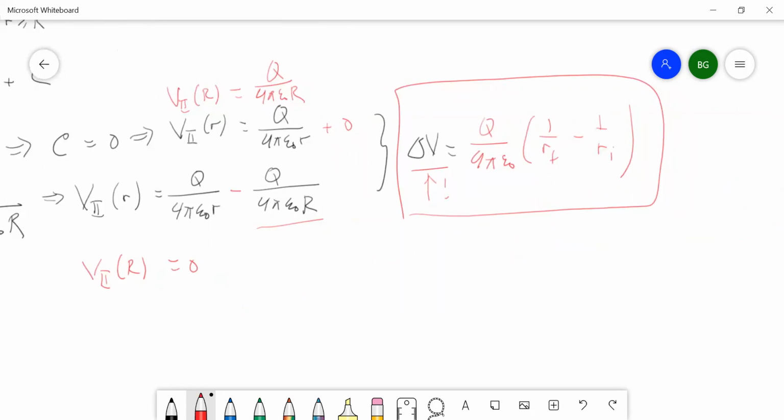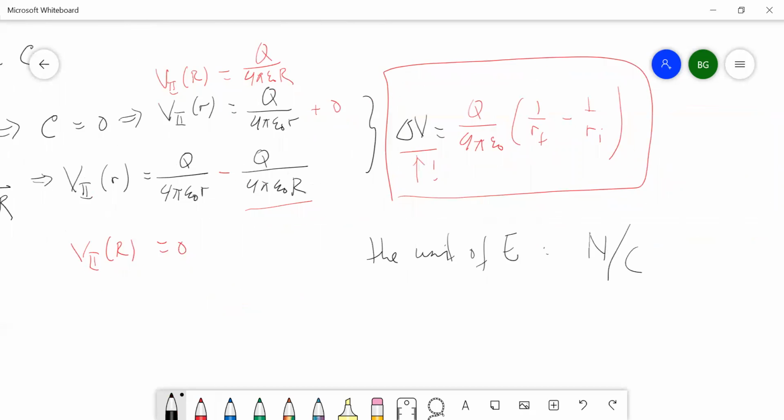Oh yes, I forgot to mention yesterday, the unit of electric field is Newton per Coulomb.